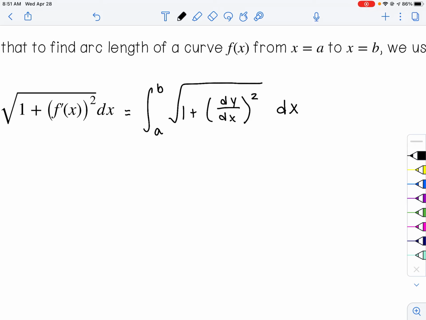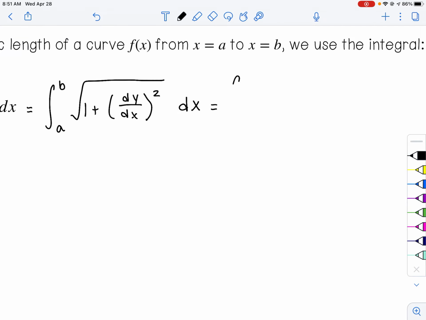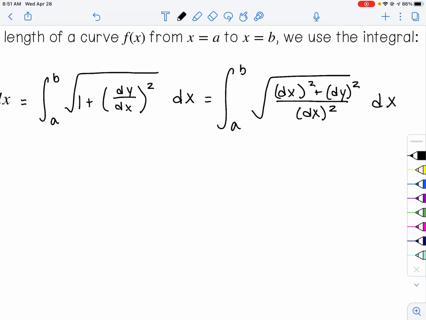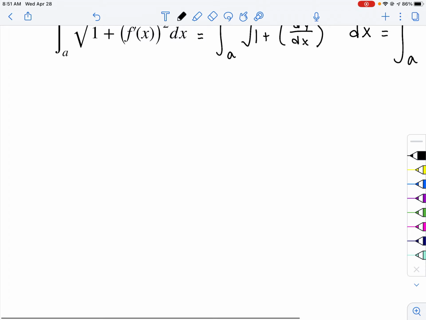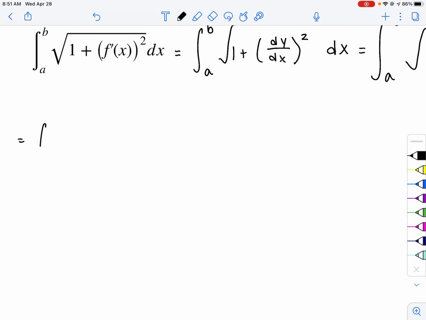Okay. So what I'm going to do is rewrite this as one fraction on the inside. This is the same thing as (dx squared plus dy squared) all over dx squared, times dx. If we keep manipulating that, we can take the square root.